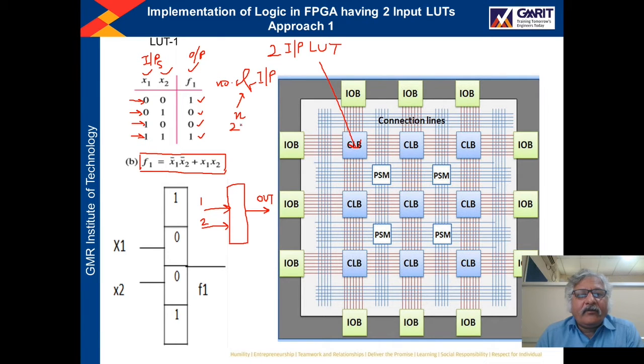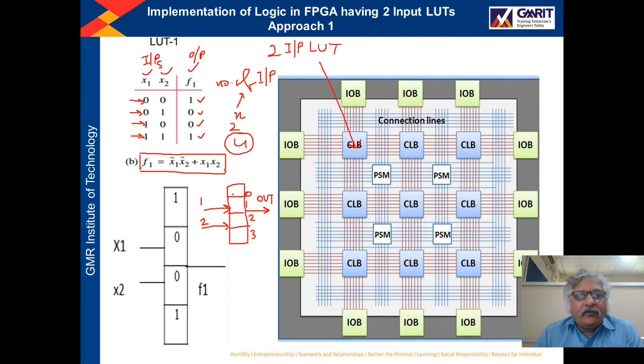So for 2 inputs, the number of storing places is 2 raised to the power 2, that is 4. So the storing places are these: 1, 2, 3 and 4. Let us assume this is storing place number 0, storing place number 1, storing place number 2 and storing place number 3. At each storing place one bit will be stored.